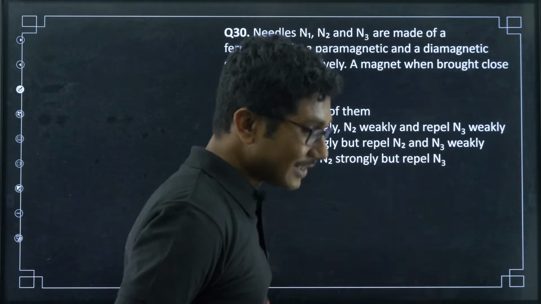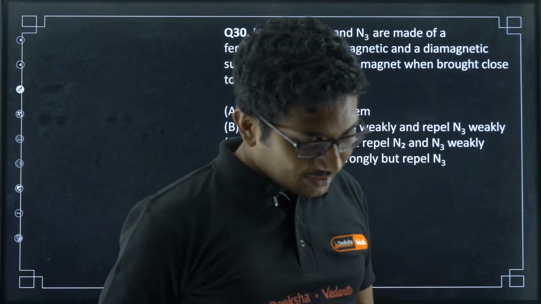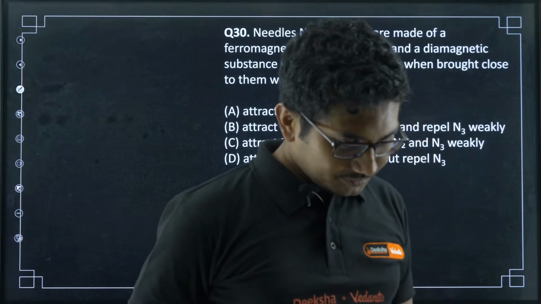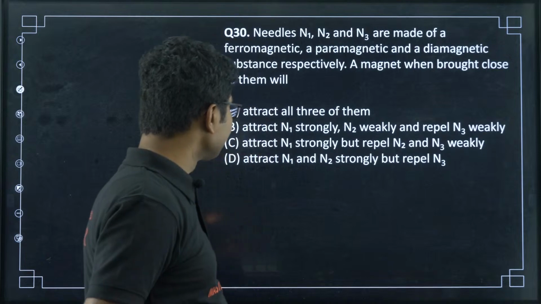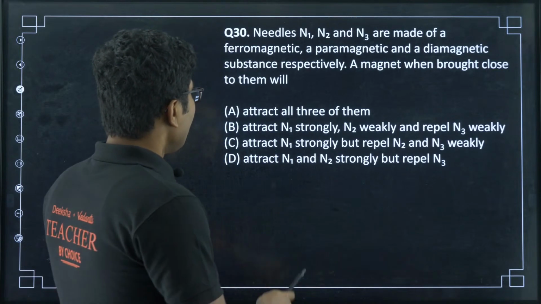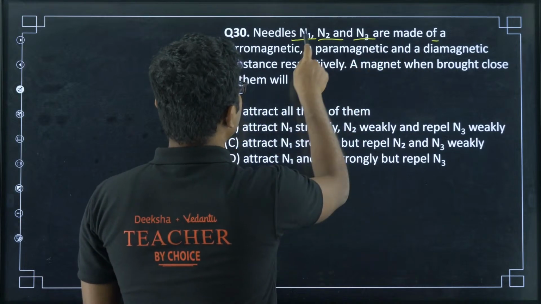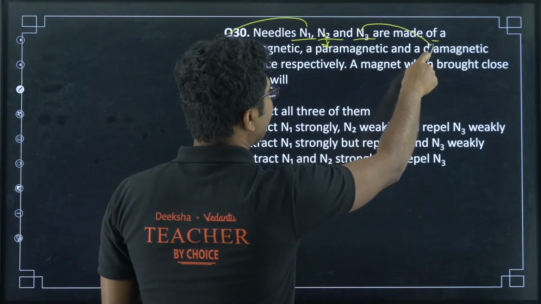Shaukat Ali is saying 30C, Sinchana is saying 30C, Lakshmi and Anisha. So, needles N1, N2 and N3 are made up of different materials. N1 is ferromagnetic, N2 is paramagnetic and N3 is diamagnetic.